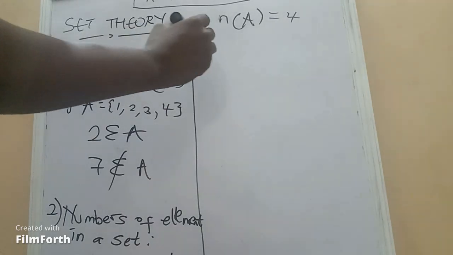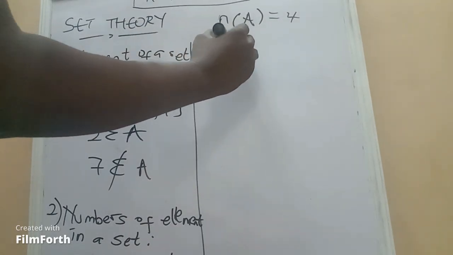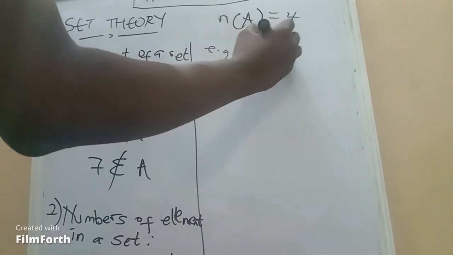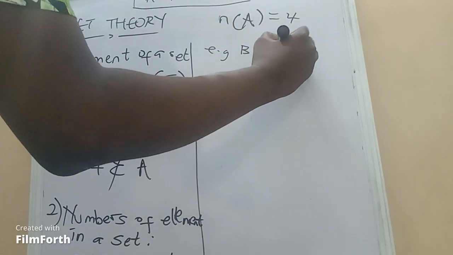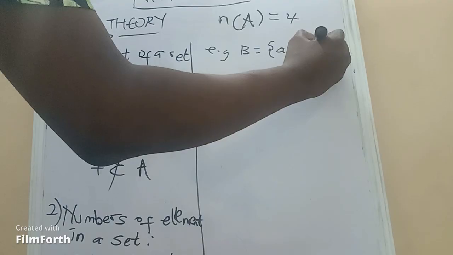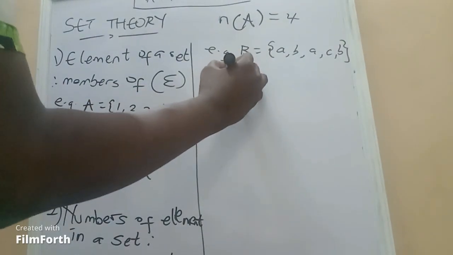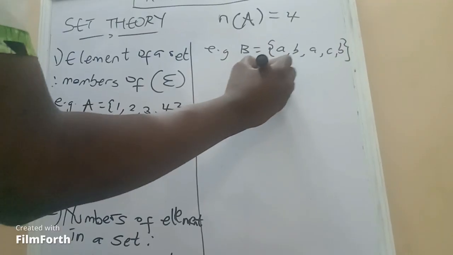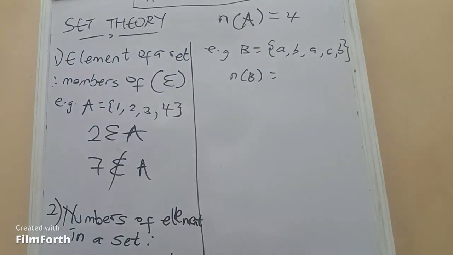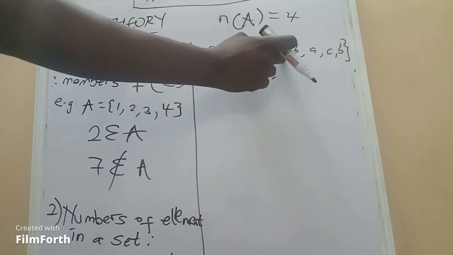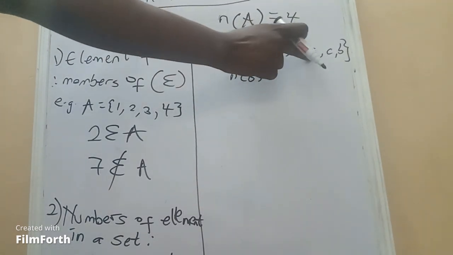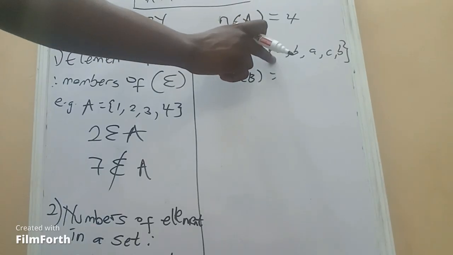Let's take another example. Let's assume we have set B to have A, B, A, C, B. And you are asked to look for the cardinal number of set B. Then your answer is going to be: this is A, which we count as 1.